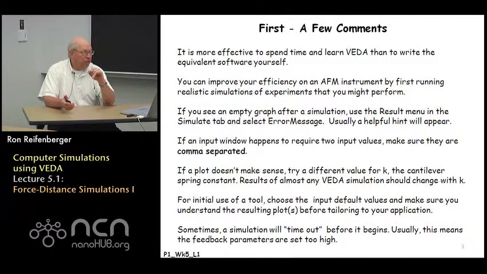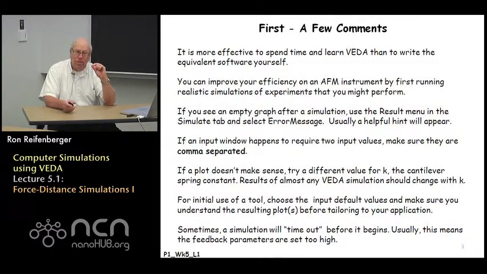If you see an empty graph after a simulation using VEDA, you can go to the results menu, and in the Simulate tab, select the message called Error Message, and click on that, and usually you'll get a helpful hint that explains to you why your simulation produced a null result.